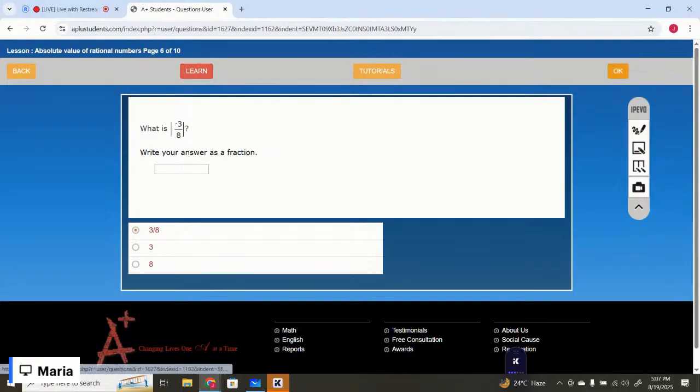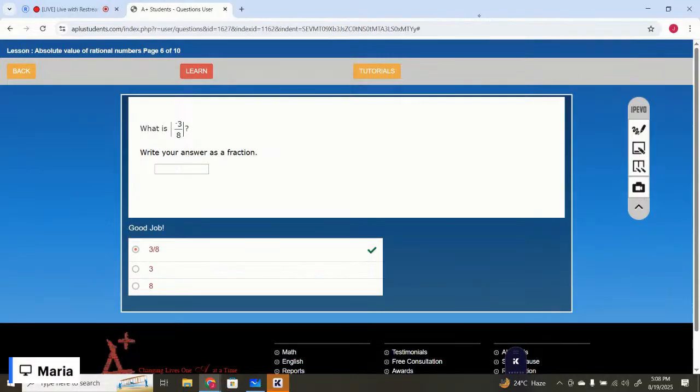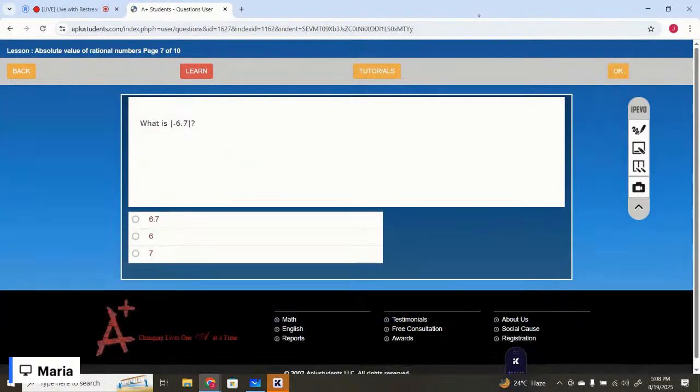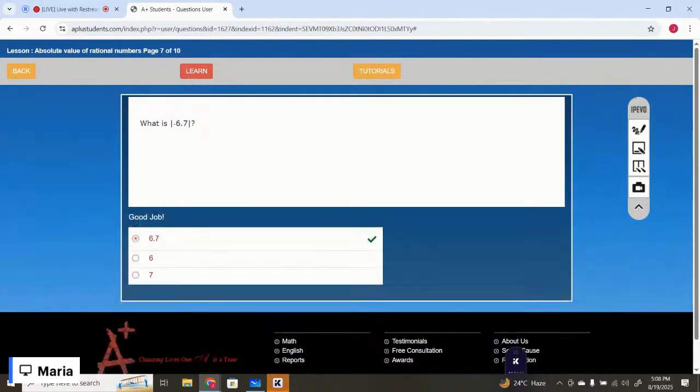The absolute value of negative 3.8 is 3.8. Option number 1 is the correct option. The absolute value of negative 6.7 is 6.7. Option number 1 is the correct option.